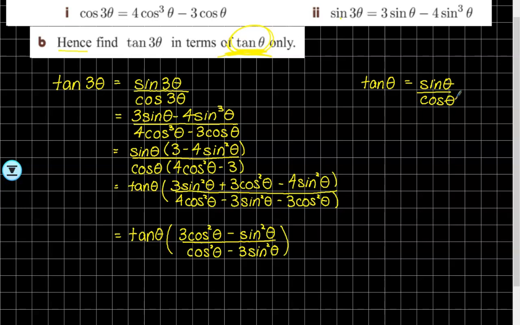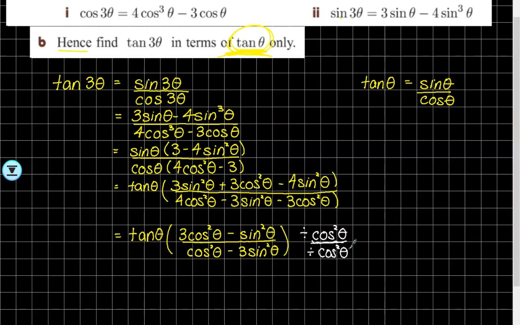So what we will now do is I will divide the top by cos squared theta, and I will also divide the bottom by cos squared theta, and what I do to the top, I'm doing to the bottom. So technically, I'm only dividing by 1.